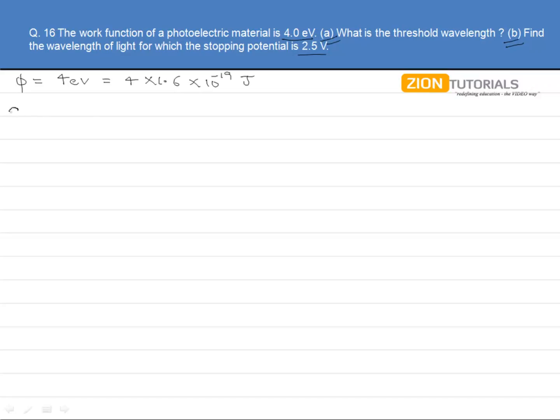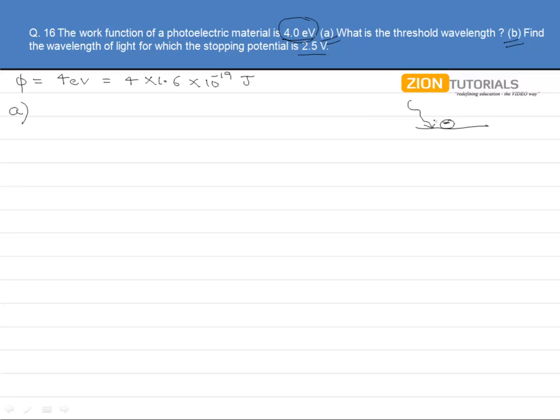So proceeding with the first part, that is finding the threshold wavelength. Now work function is the minimum energy required for the removal of the electron from the photoelectric material. The electron will simply come out without any kinetic energy, that is zero velocity, due to the work function.